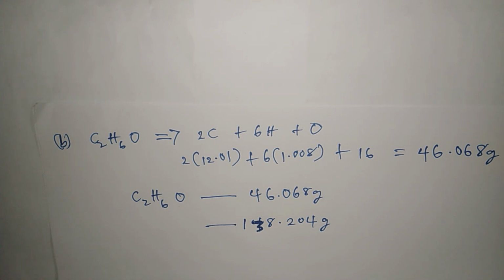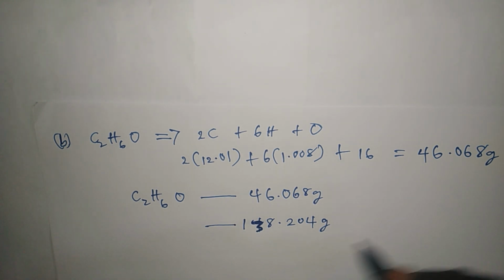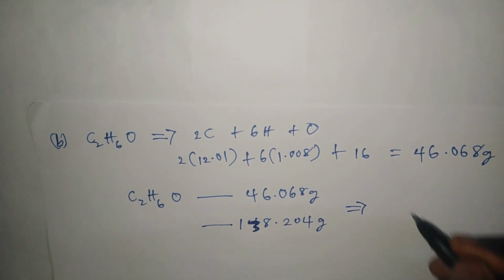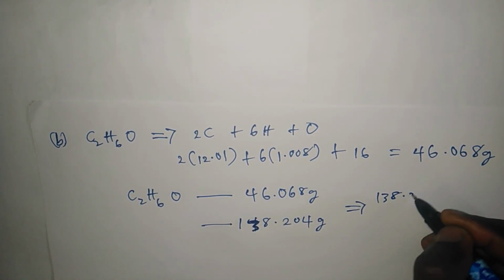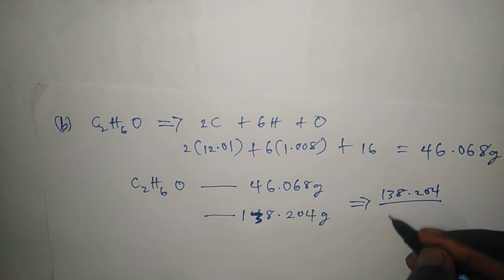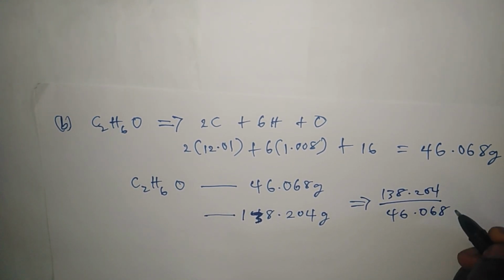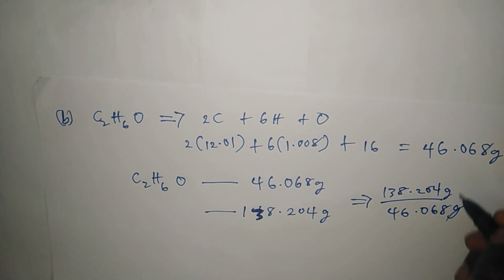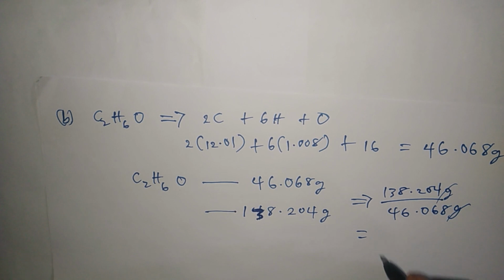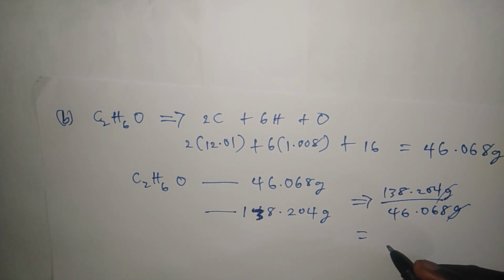To do that, I'm going to divide the mass of the compound by the molar mass of the empirical formula. So we'll say 138.204 divided by 46.068. When you divide it, what you get is 3.